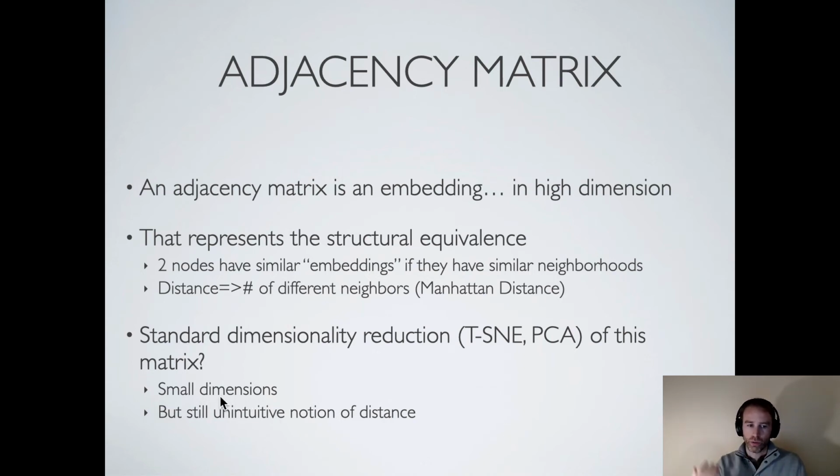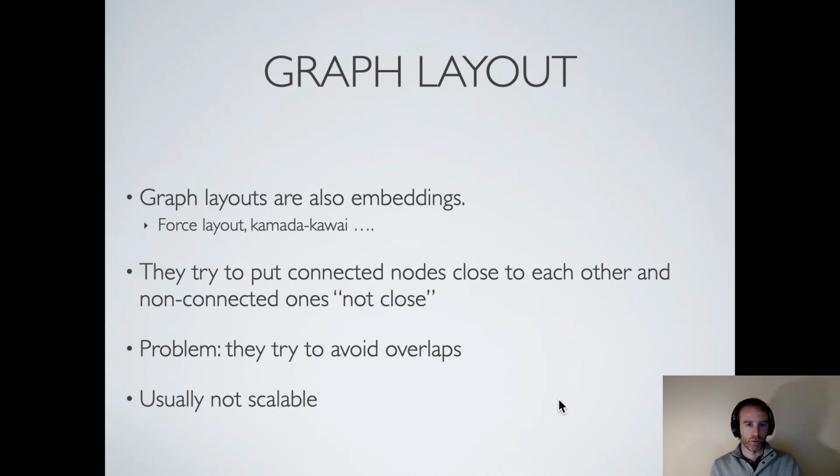So you could reduce the number of dimensions of the adjacency matrix, but you will still have this unintuitive notion of distance between nodes. So that's why it's better to use other approaches like what I presented before.